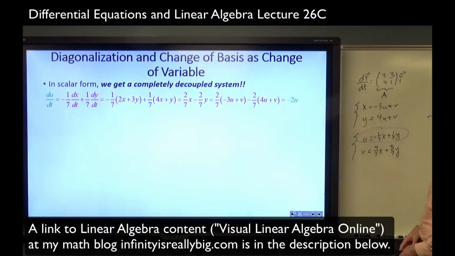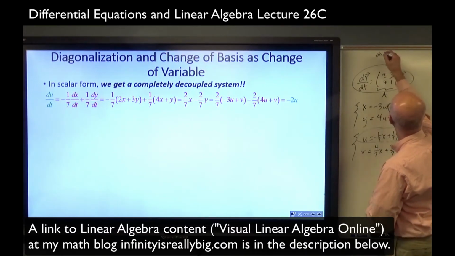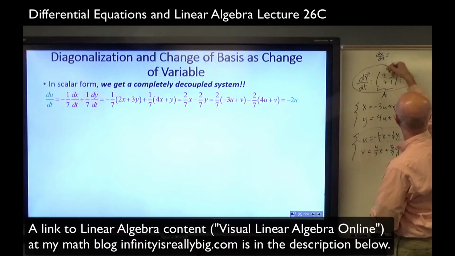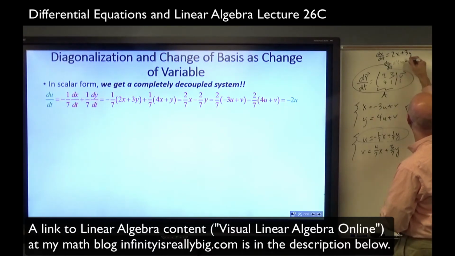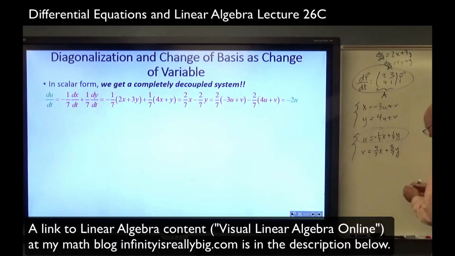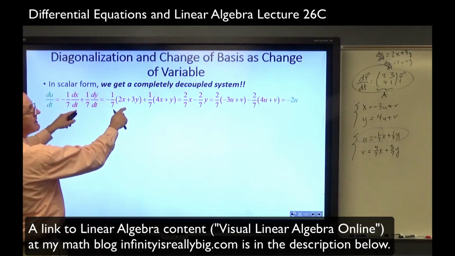Now use the differential equations in scalar form. Look at the top row of the matrix: dx/dt is 2x plus 3y, and look at the bottom row: dy/dt is 4x plus y. Use those equations next. Replace dx/dt with 2x plus 3y.